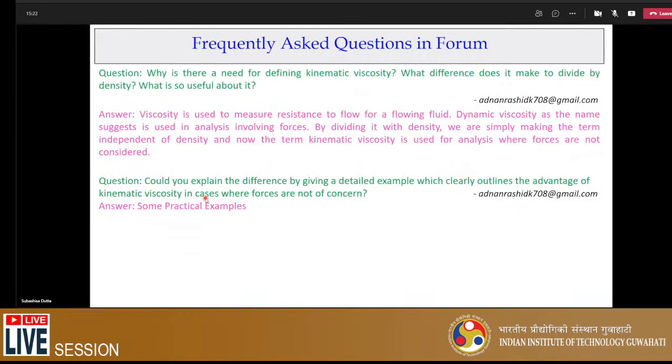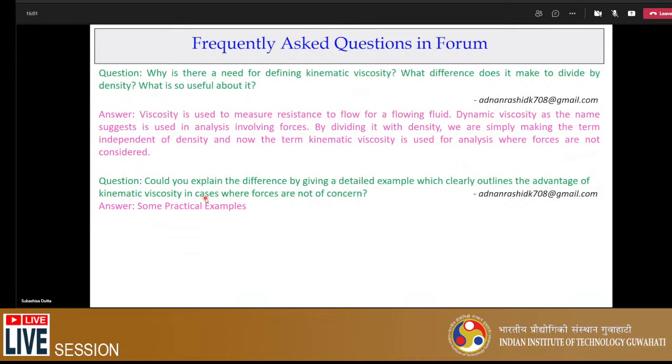What is the need for defining the kinematic viscosity, dividing by the density? What is so useful about it? It's a good question. The dynamic viscosity is a proportionality constant between shear stress and shear strain rate. When the shear strain rate is one unit, whatever shear stress is generated is because of the dynamic viscosity.